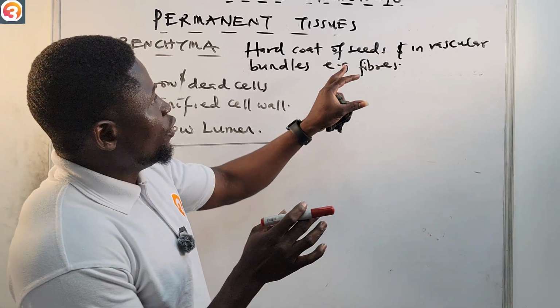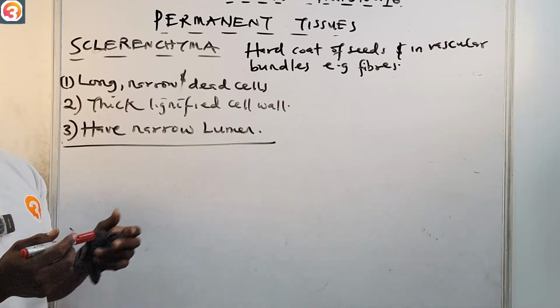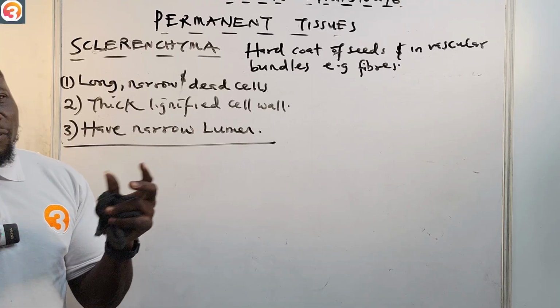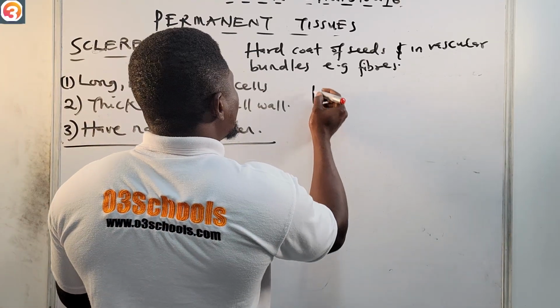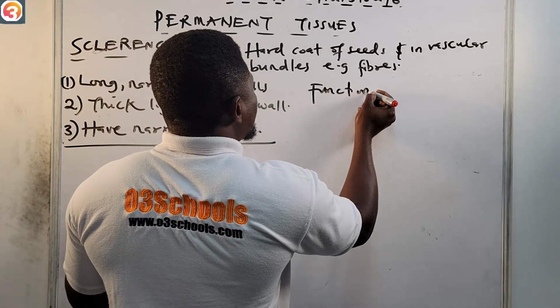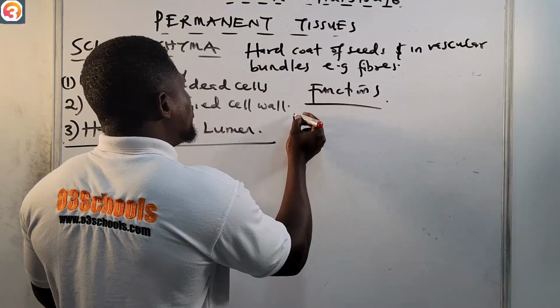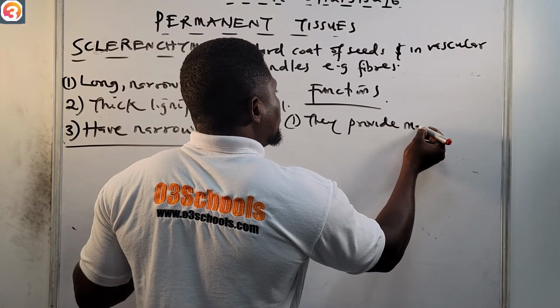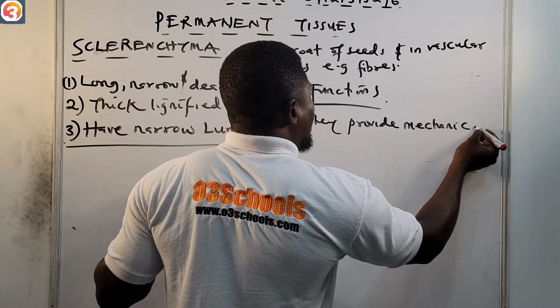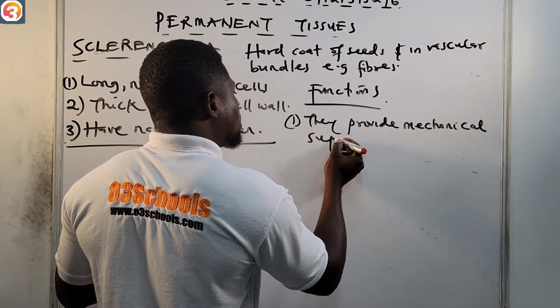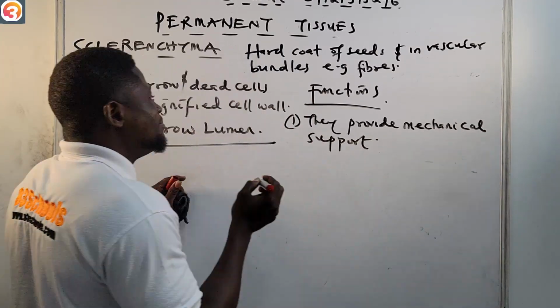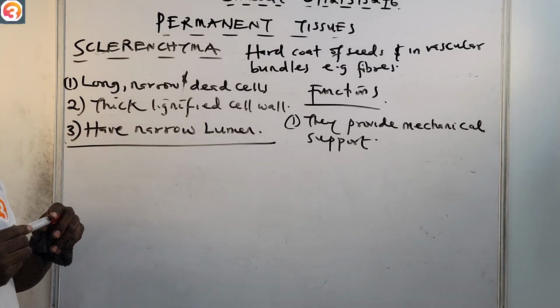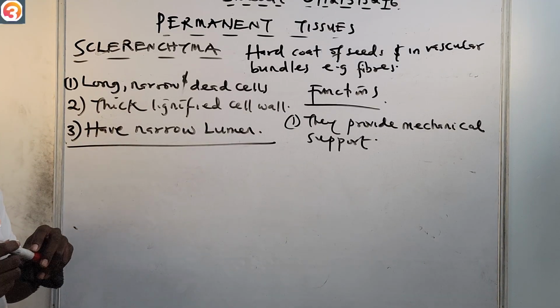For example, fibers. Now, what are their functions? Number one, they provide mechanical support. That is the number one function of sclerenchyma tissues.